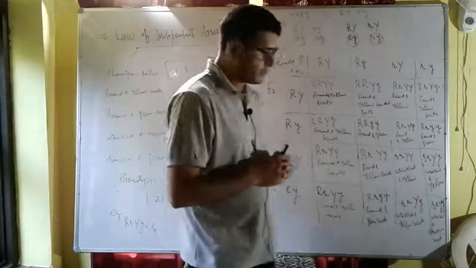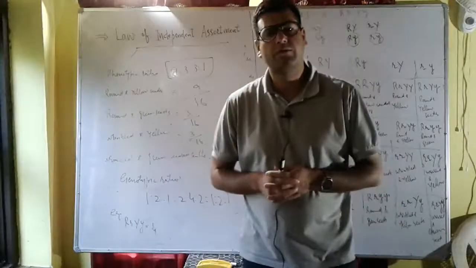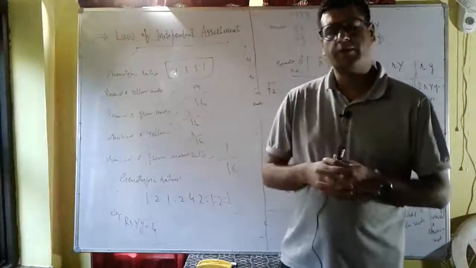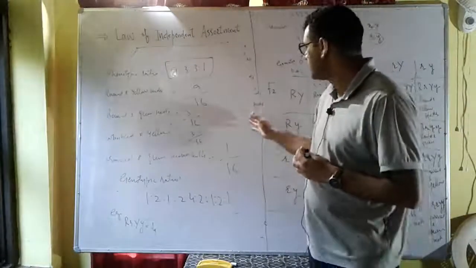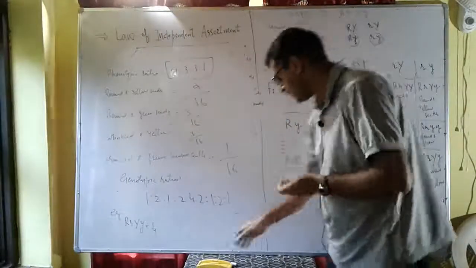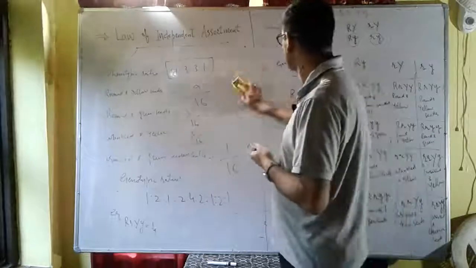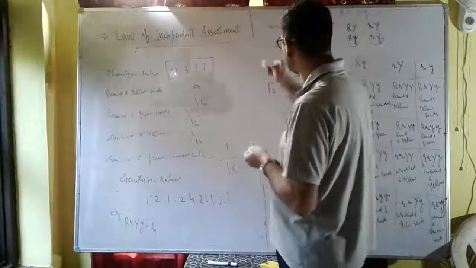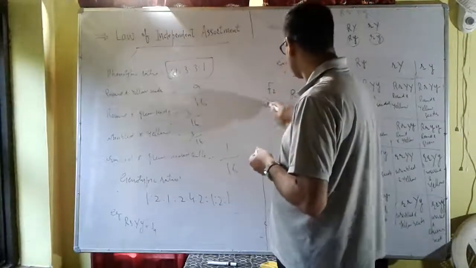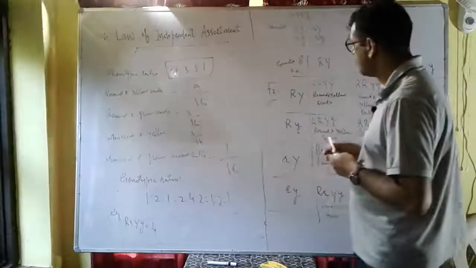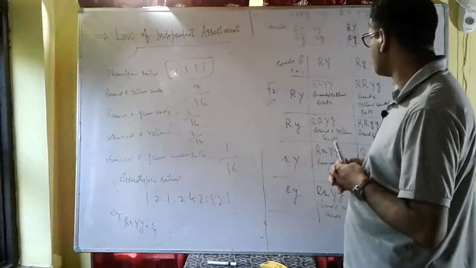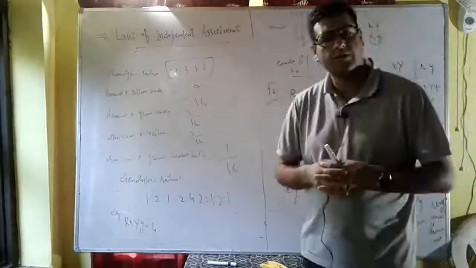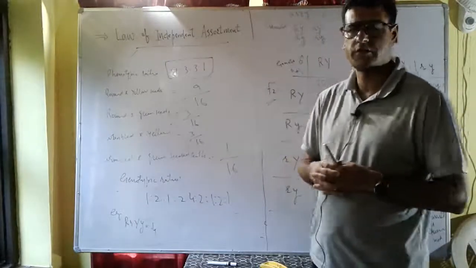See, in this case, when we made a dihybrid cross, in the F2 generation, we got new combinations as well as parental combinations.